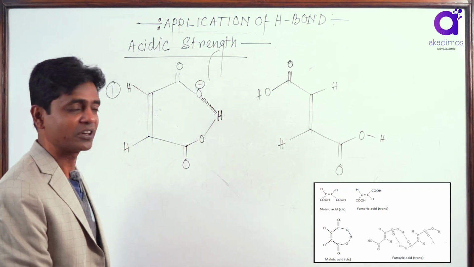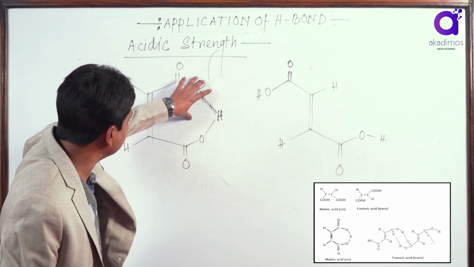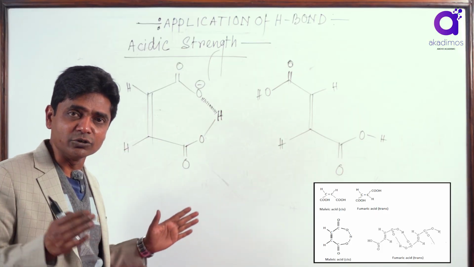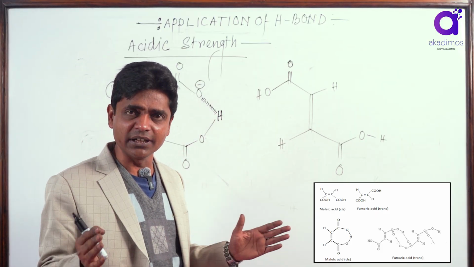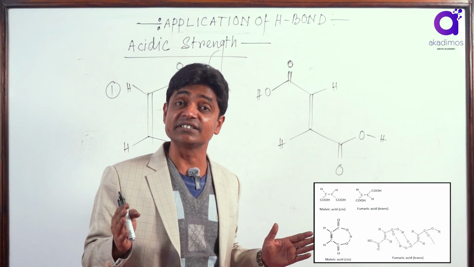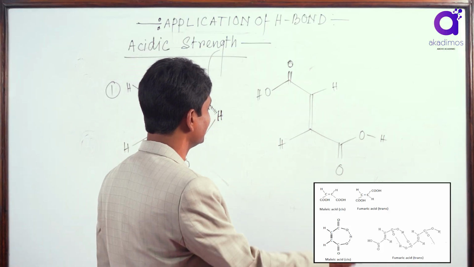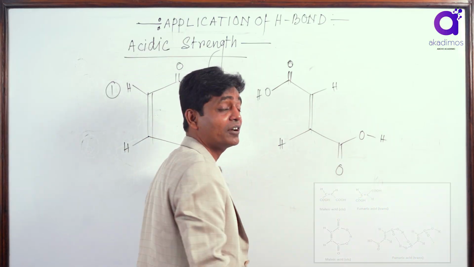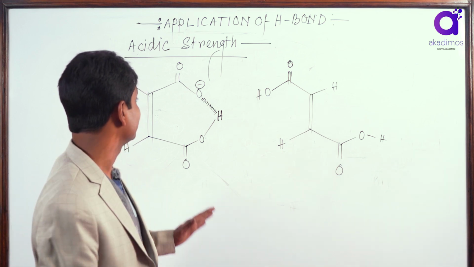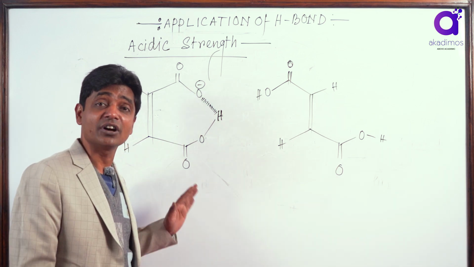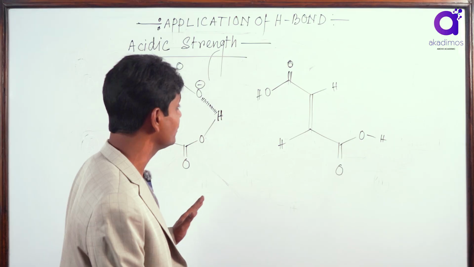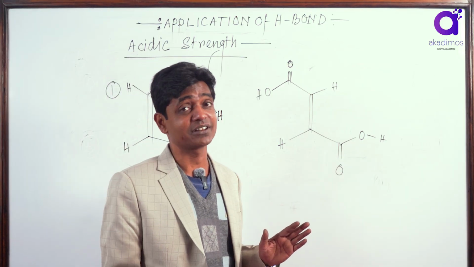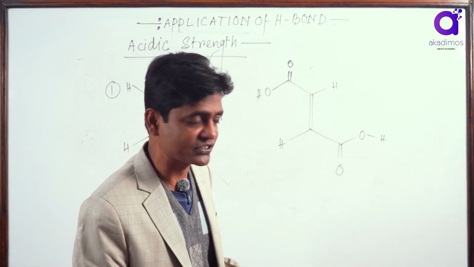This hydrogen will make it more stable. And you know, if the conjugate base is stable, then its corresponding acid is strong. But here there is no question of intramolecular hydrogen bond. That's why the acidic strength of maleic acid is greater than fumaric acid, although they are geometrical isomers.